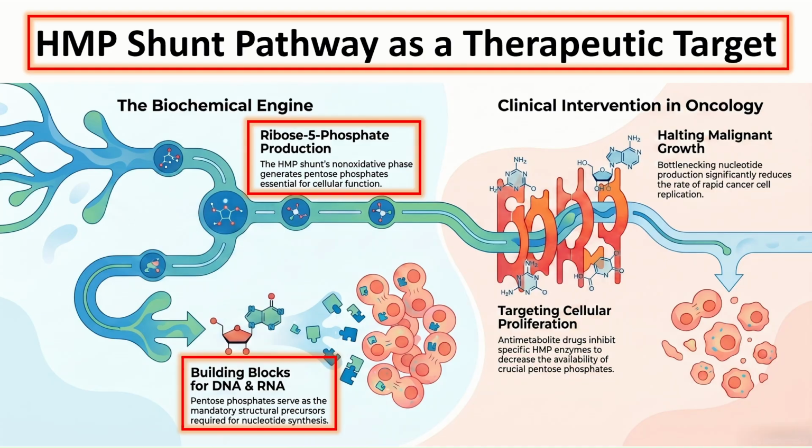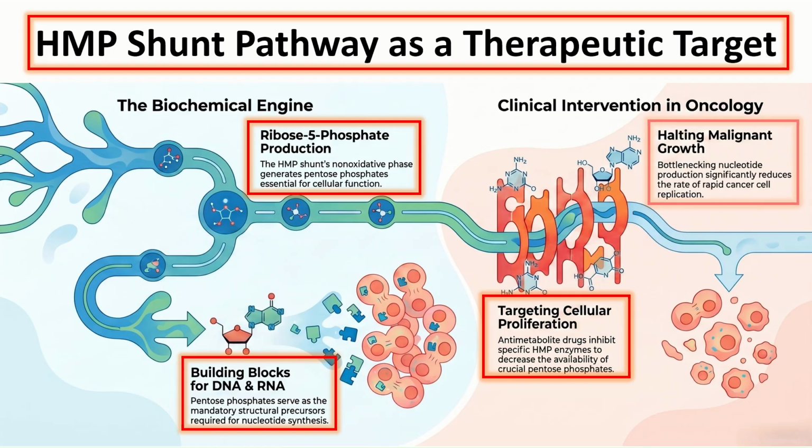By pharmacologically targeting and inhibiting specific enzymes within the HMP shunt pathway, the drugs can effectively decrease the availability of these crucial pentose phosphates. Without adequate nucleotides, the rate of the cell proliferation is stopped. The pharmacological agents that disrupt these metabolic pathways are known as anti-metabolites, and they are a widely used fundamental class of drugs in the modern cancer treatments.